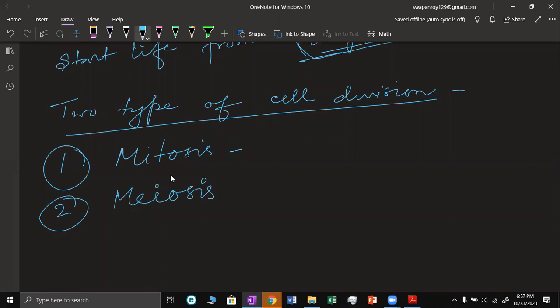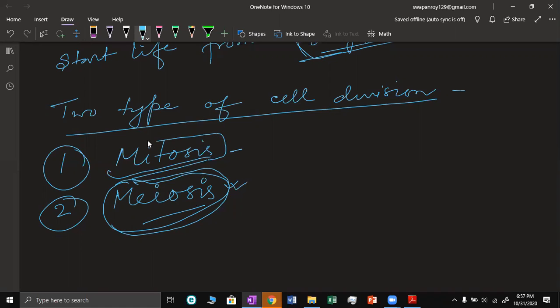Two types. The meiosis division occurs only in the reproductive parts and during reproduction, and this one is important. Mitosis is the common one, which takes place in the reproductive and the normal somatic body cells.